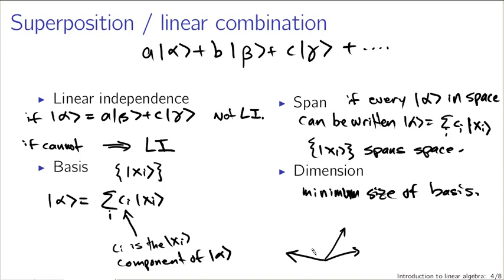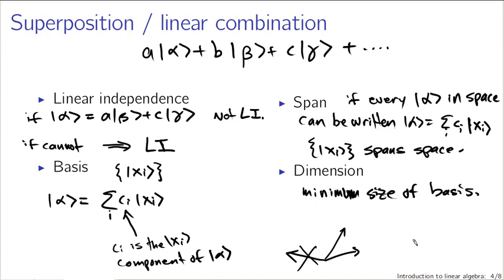Any of these vectors can be constructed by a superposition, by a linear combination of the other 2. And I have 3 vectors, so you would think I have a 3-dimensional space, but it's not the minimum size of the basis. I could drop this vector, just work with these 2, and still have a set of vectors that I could use to express any vector that lies in the plane of the monitor.